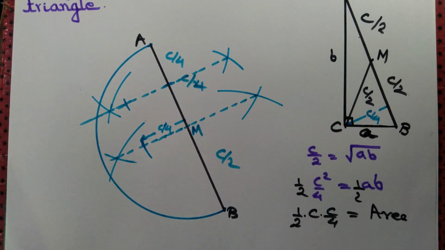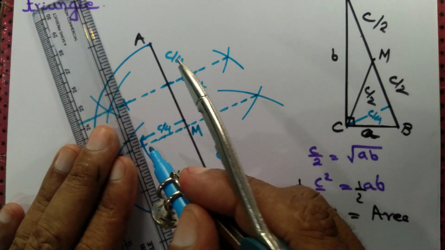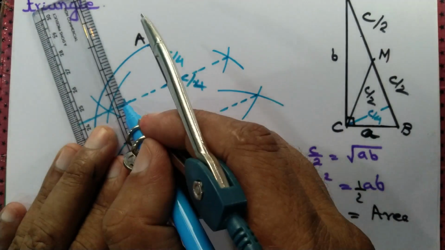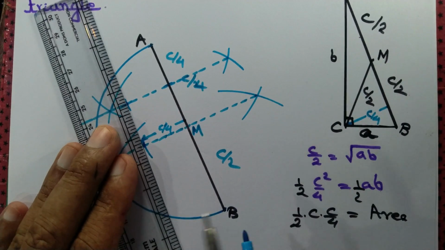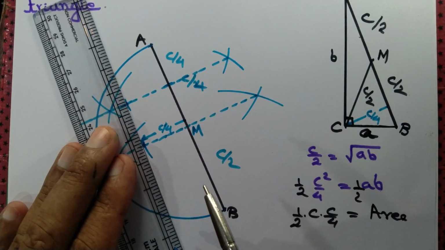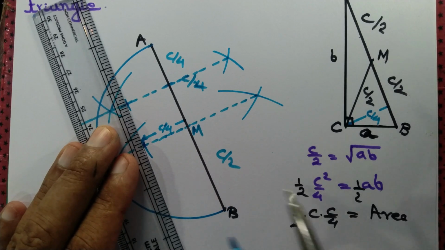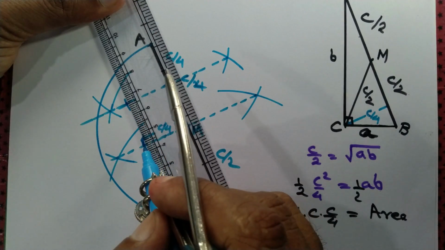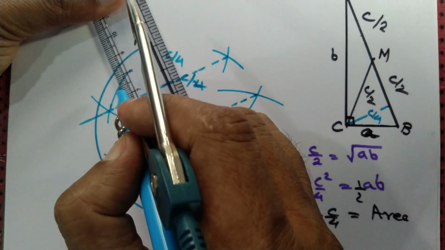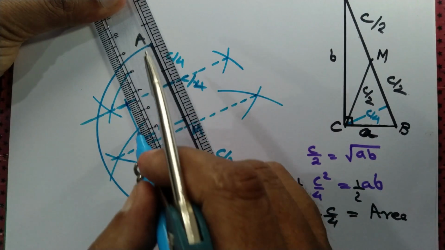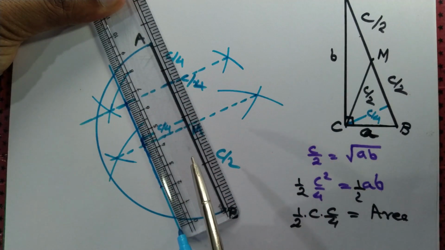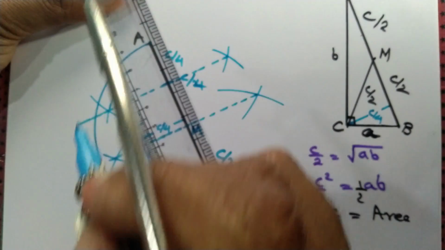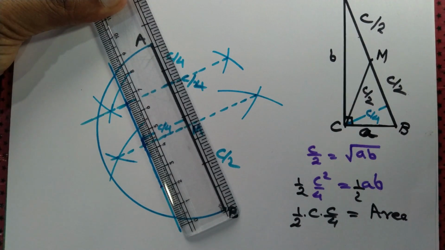How can I make sure that we get the altitude equal to C by 4? See that there are 2 points at a distance C by 4. Let us draw a line parallel to AB and at a distance C by 4 unit. We simply join them and extend it to get a line that is parallel to AB and at a distance C by 4 unit.